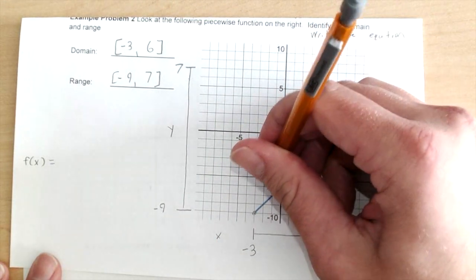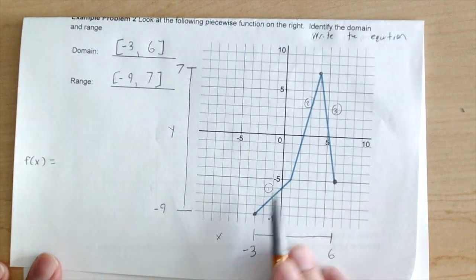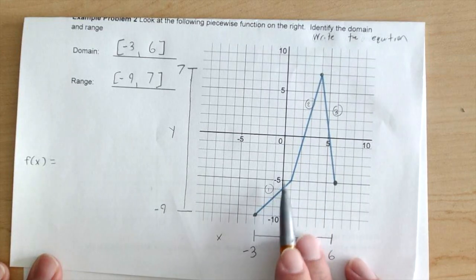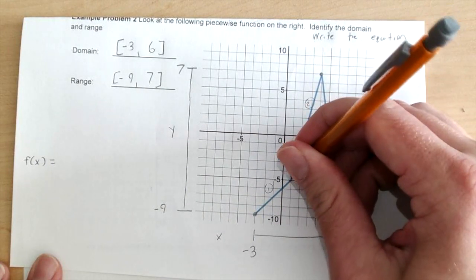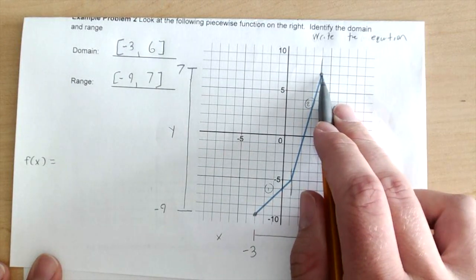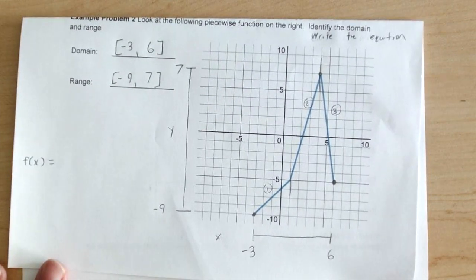So if we're trying to figure out our equation, we just have to identify the 3 places where things change. There's this part of our equation that ends here, and then we start having a higher slope. Then we get to this point, the slope goes down, so those are our 3 ranges.